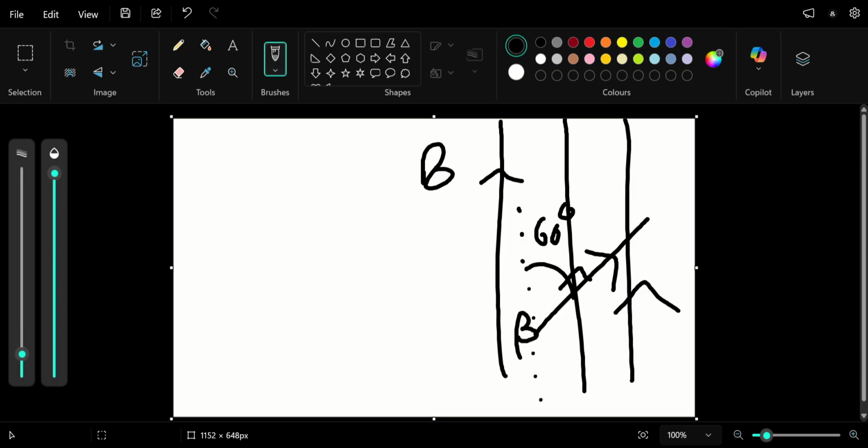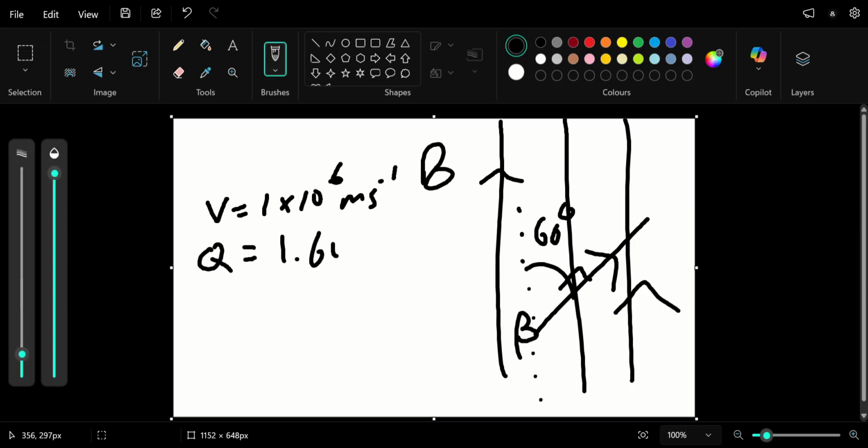Its direction of travel is 60 degrees to the direction of the magnetic field lines. Its velocity is 1 times 10 to the 6 meters per second. Its charge, that of an electron, we know is 1.602 times 10 to the minus 19 coulombs. And the angle we know is 60 degrees.